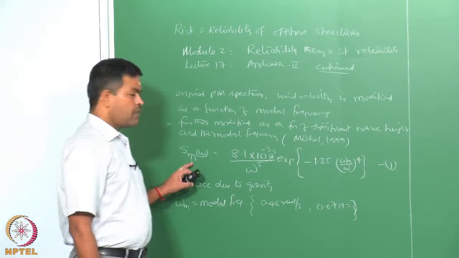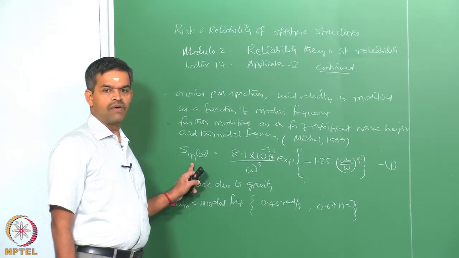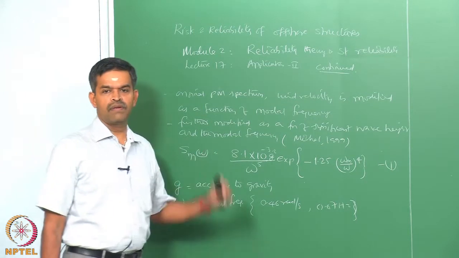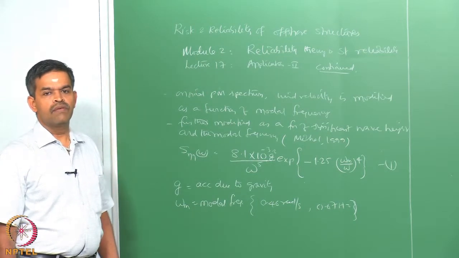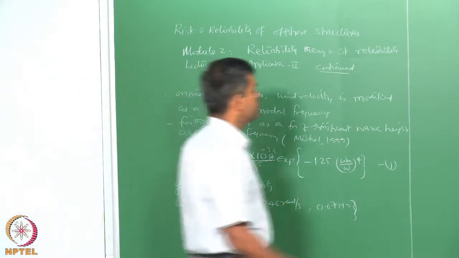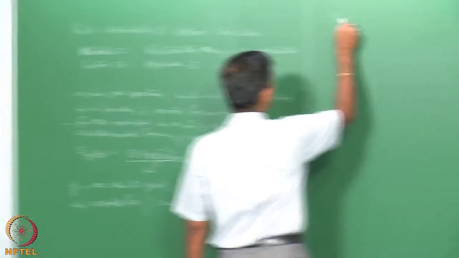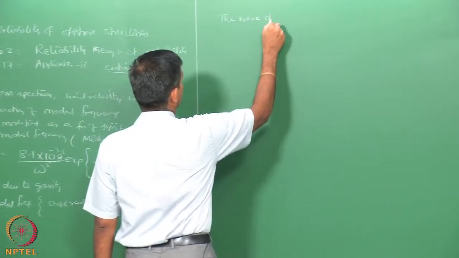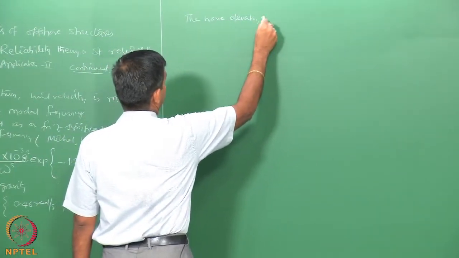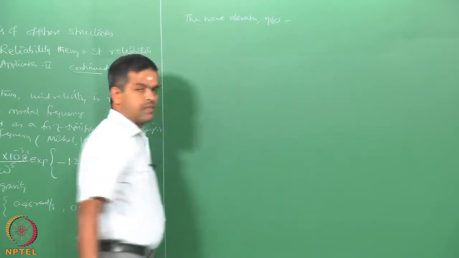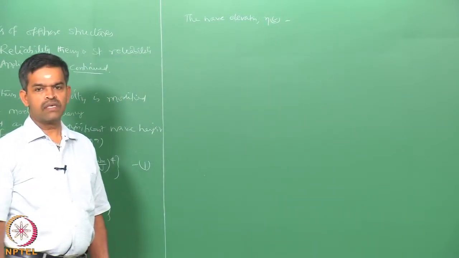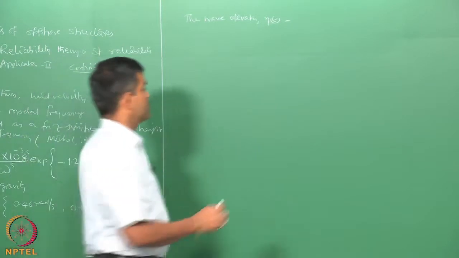S eta eta is the power spectral density function of the wave height and the wave frequency. The wave elevation eta t is realized as a discrete sum of many sinusoidal functions.